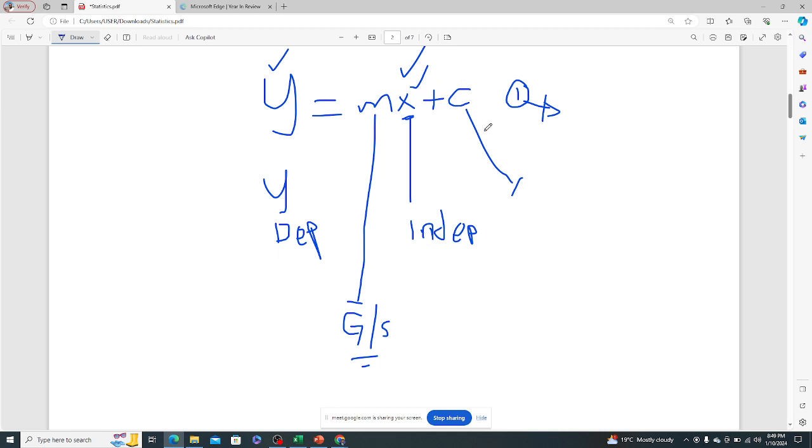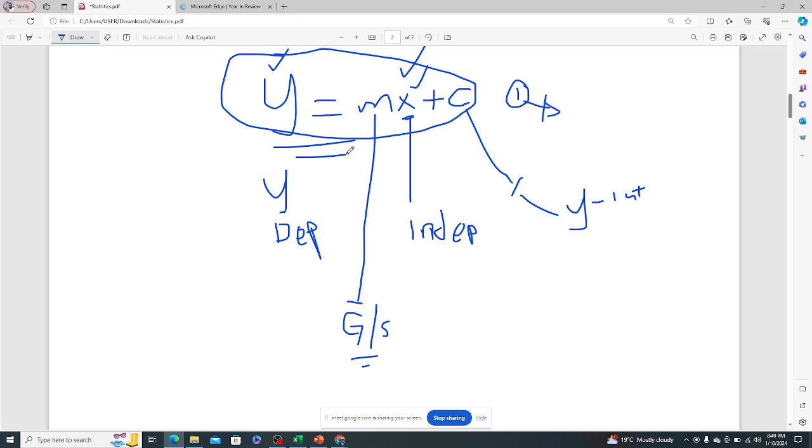Then we have c, which is our y-intercept. I'm going to illustrate that. Basically this is an example of a linear equation, the equation of a straight line.